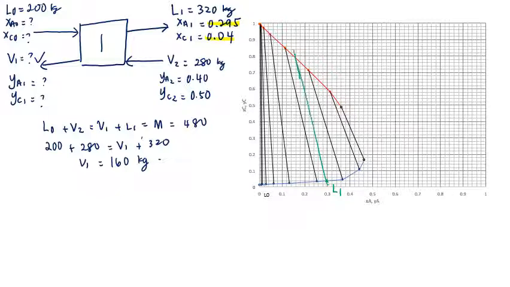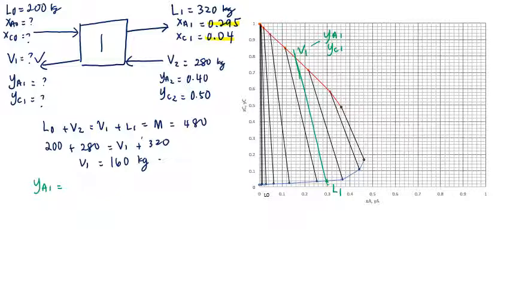That is your L1. If you plot the tie line crossing L1, you get V1 here. From here, you can read the composition of V1, that is YA1 and YC1. So let's read the composition. YA1 equals about 0.14.